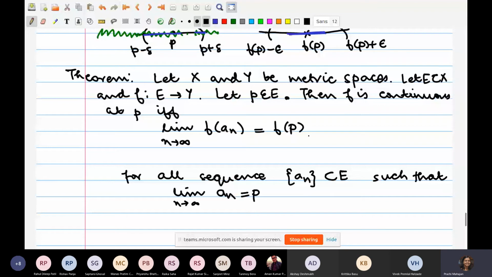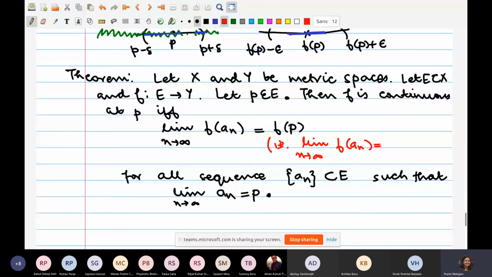Right. So this is a characterization of continuity in terms of sequences. So this is saying that the limit of f of a_n as n tends to infinity equals f of the limit.